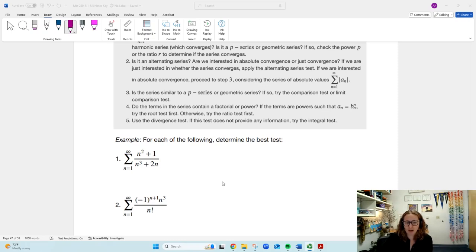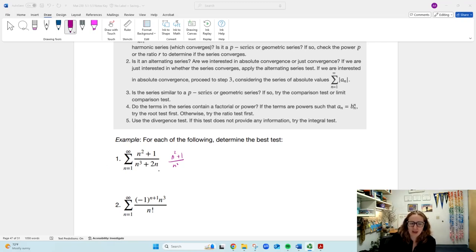When I look at this first one, I immediately want to compare it. At first, when I tried to do this one, I wanted to compare it with something that I knew either converged or diverged.